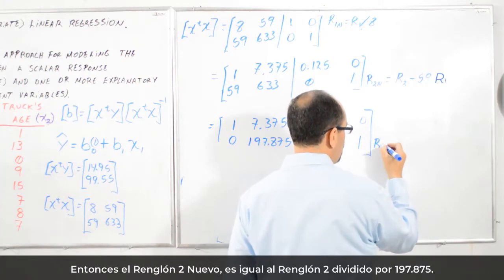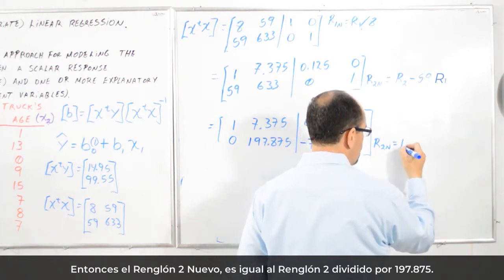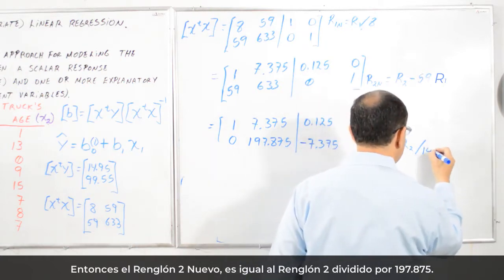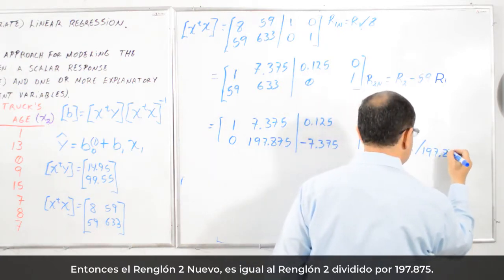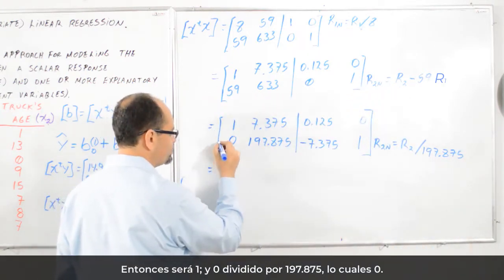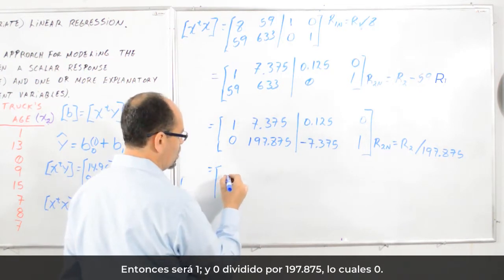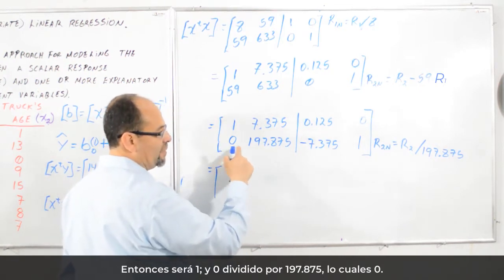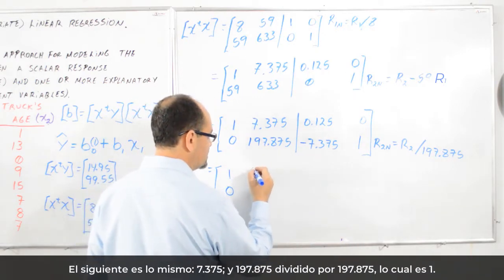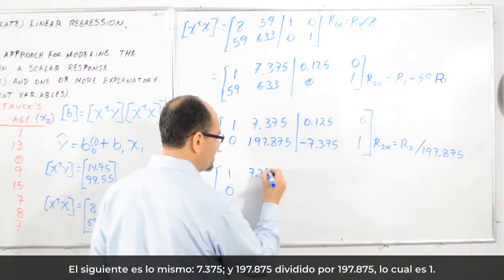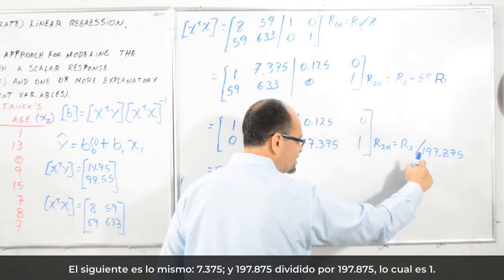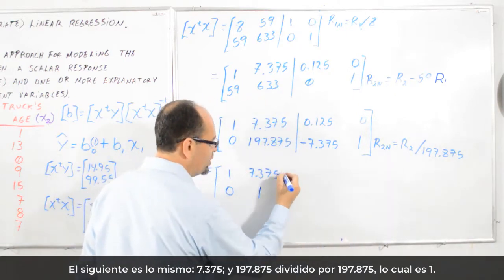It will be row 2 new is equal to row 2 divided by 197.875. Then it will be 0 divided by 197.875 is 0. The next is the same, 7.375. 197.875 divided by 197.875, it will be a 1.